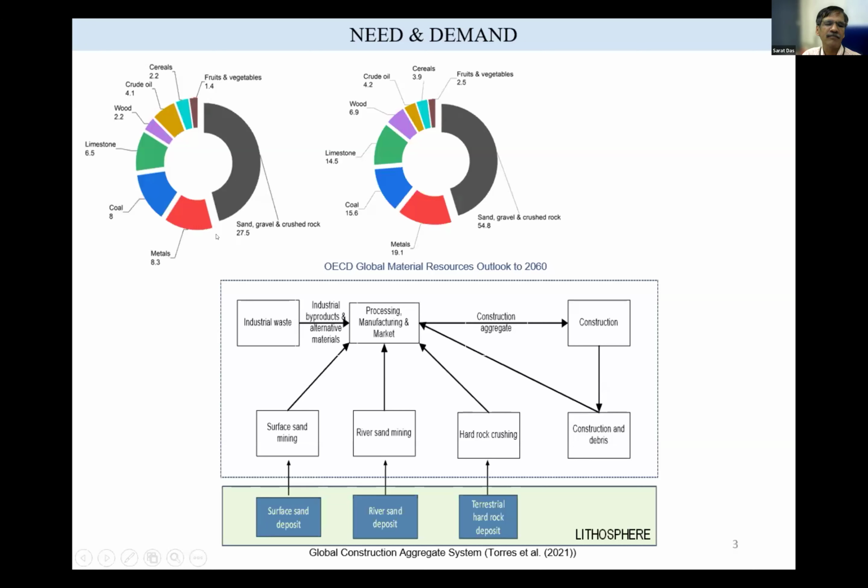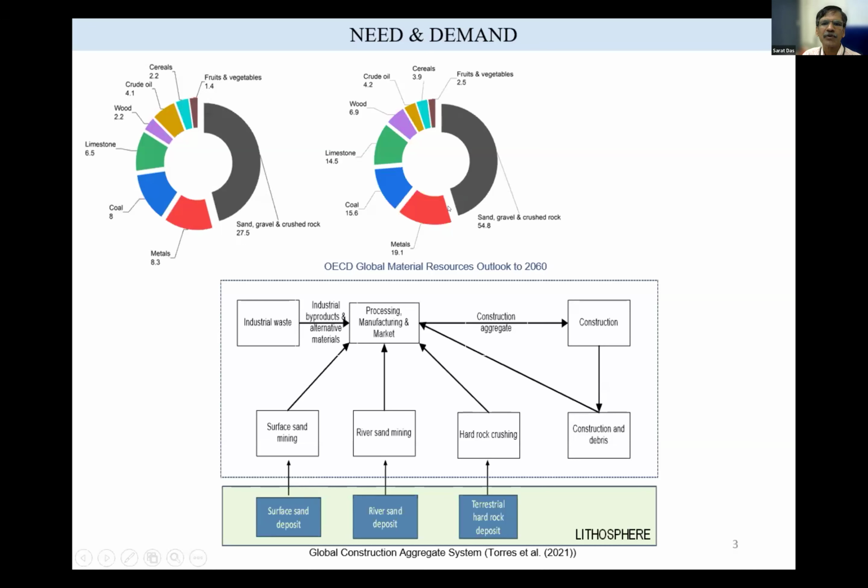The maximum requirement is sand, gravel, and crushed rock, 27.5 gigaton, and if projected to 2060 it is almost double.